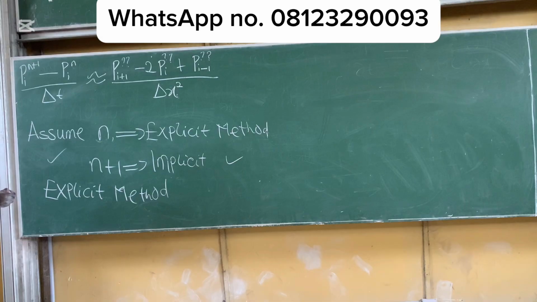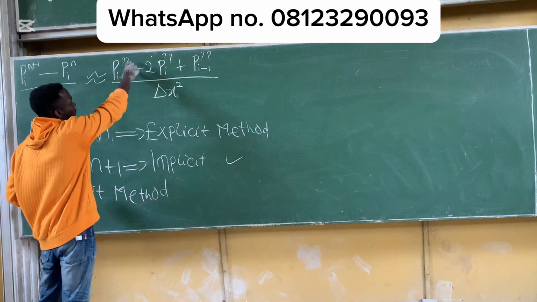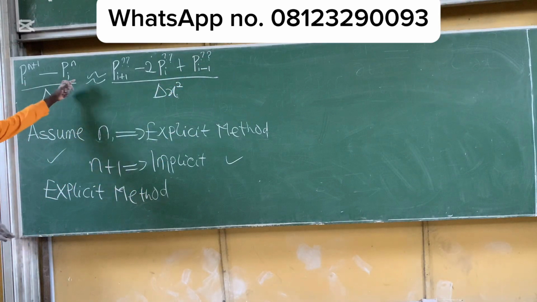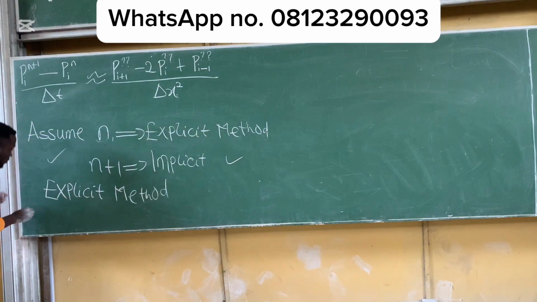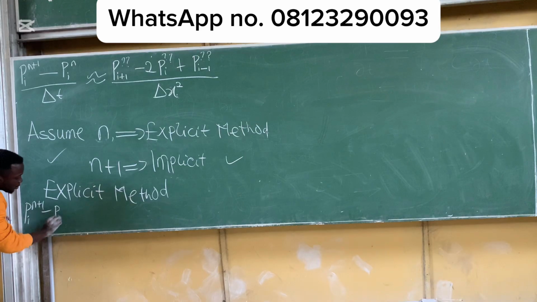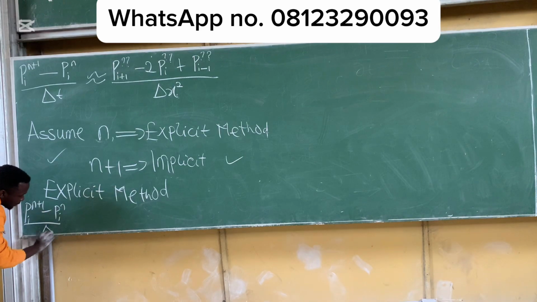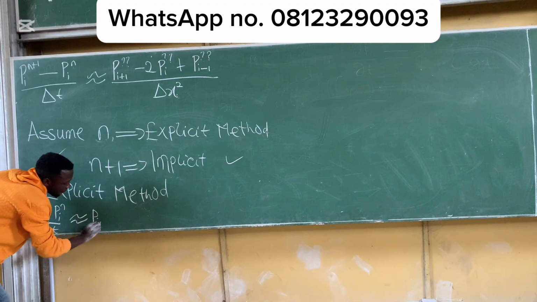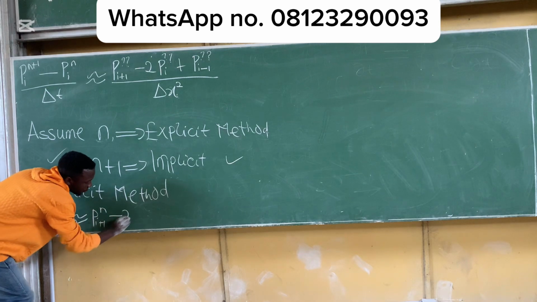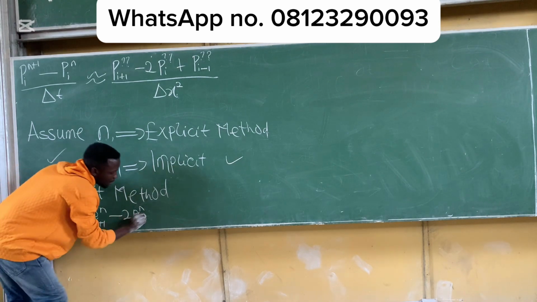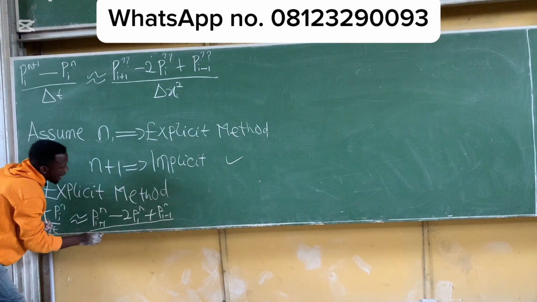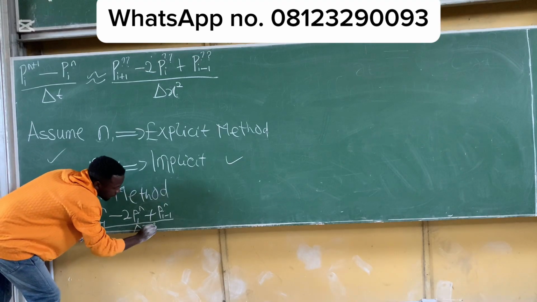Now, for the explicit method, we have to assume that the time level here is n, n, and n. If that is the case, our equation becomes Pi n plus 1 minus Pi n divided by delta t is approximately Pi plus 1 raised to the power of n minus 2 Pi power of n plus Pi minus 1 power of n divided by delta x square.